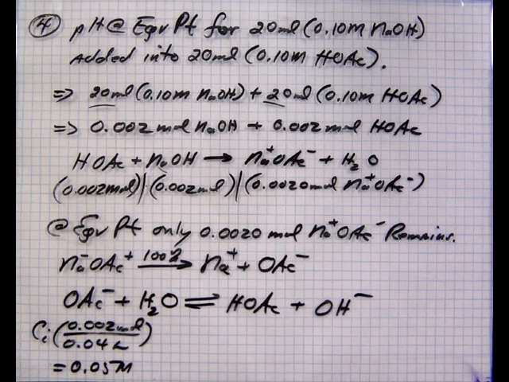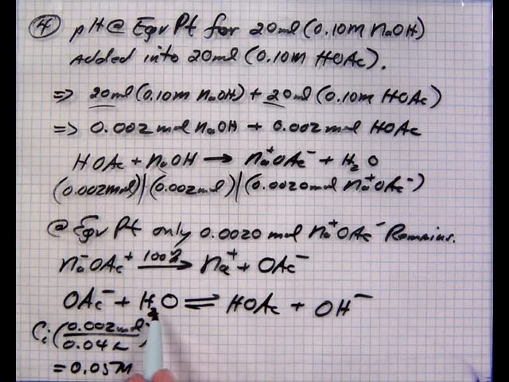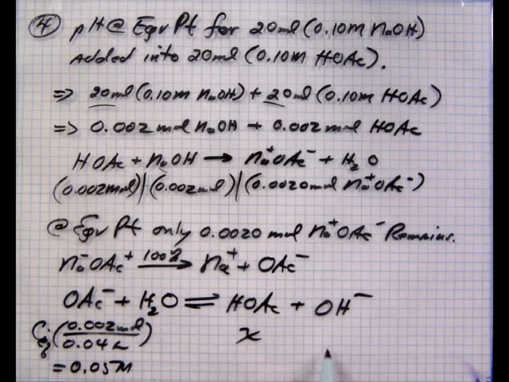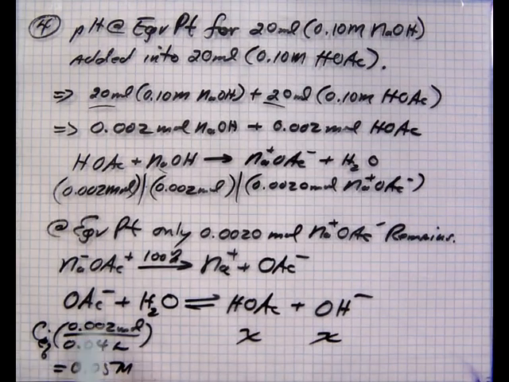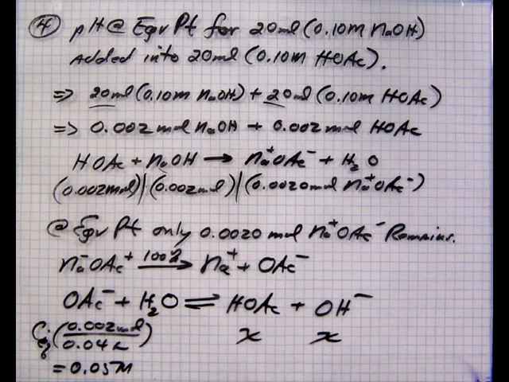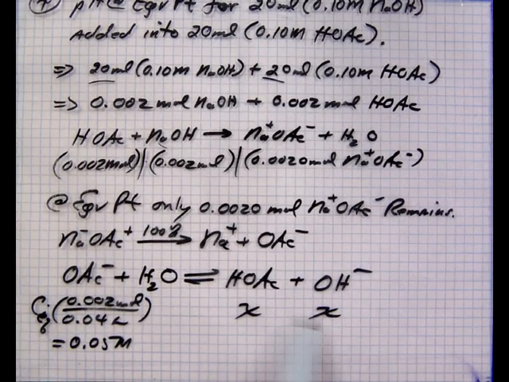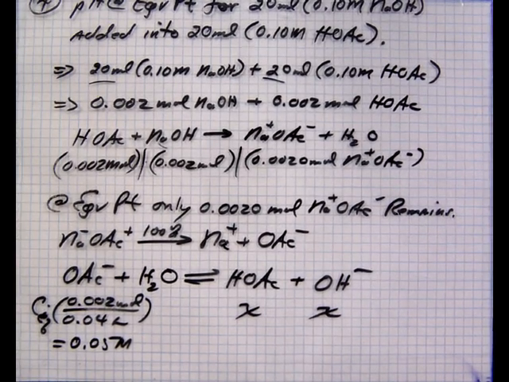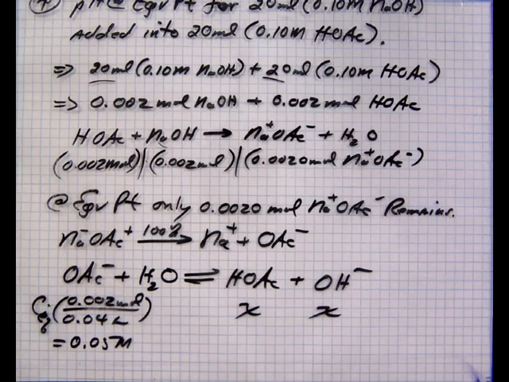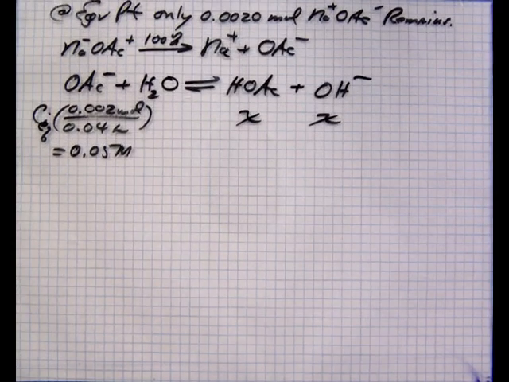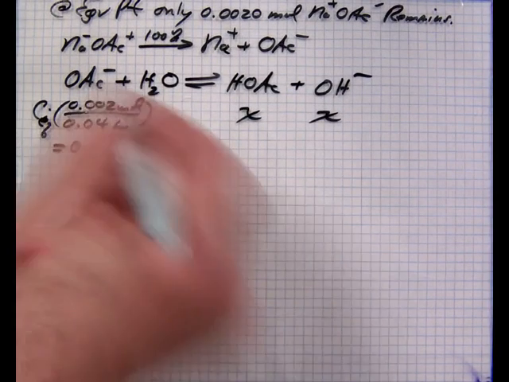Now at the equivalence point, this reacts with water and we'll go to equilibrium. This reaction produces equal amounts of acetic acid and hydroxide. Now if we can determine the hydroxide concentration, or X, then from this we can get pOH and of course pH.